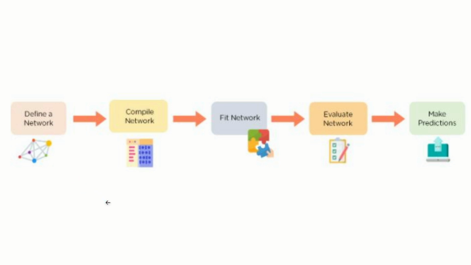You define all the layers, and then you compile it. Then you fit it to the network, you evaluate the network, you make predictions. It is as simple as that. Even though it might seem a bit lengthy, with Keras it is actually very easy, and it saves a lot of time.